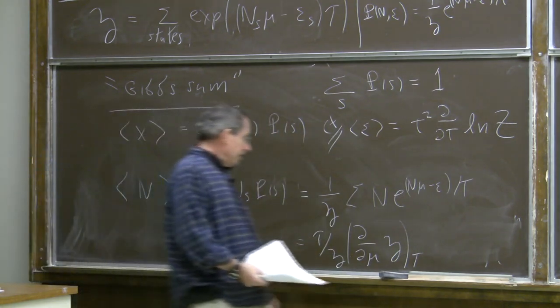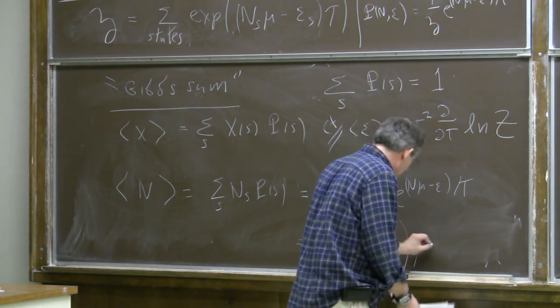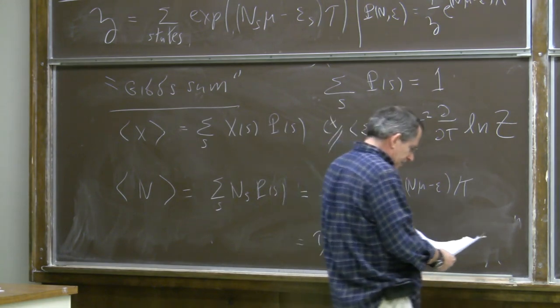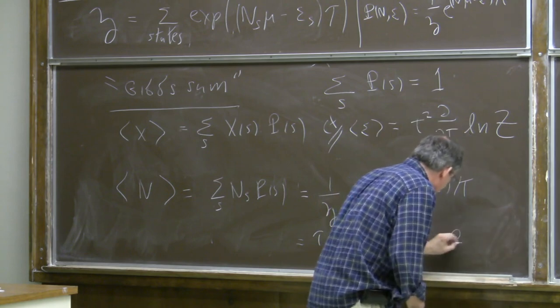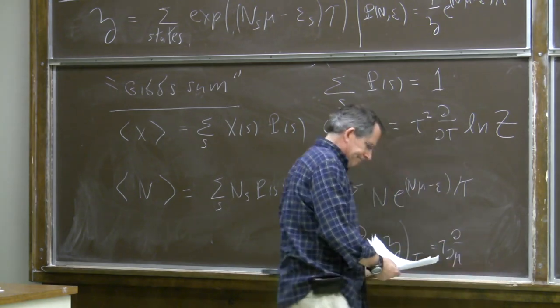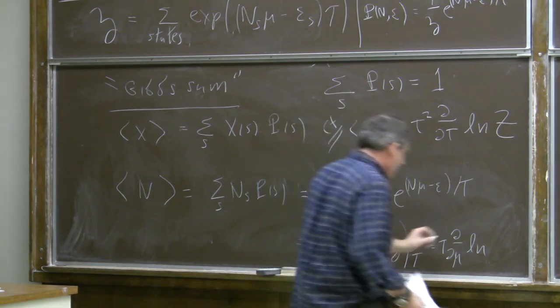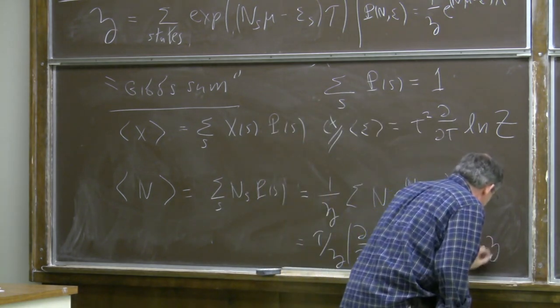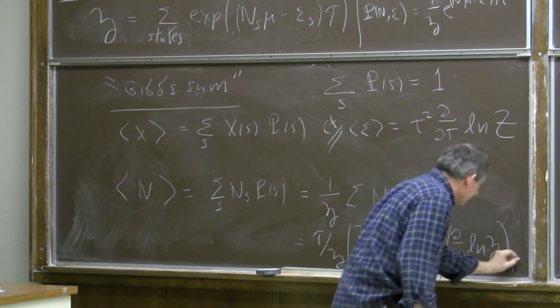And equivalently, since I'm differentiating Z and then dividing by Z, this is tau times the derivative with respect to chemical potential of the natural log of the Gibbs sum, with temperature fixed.